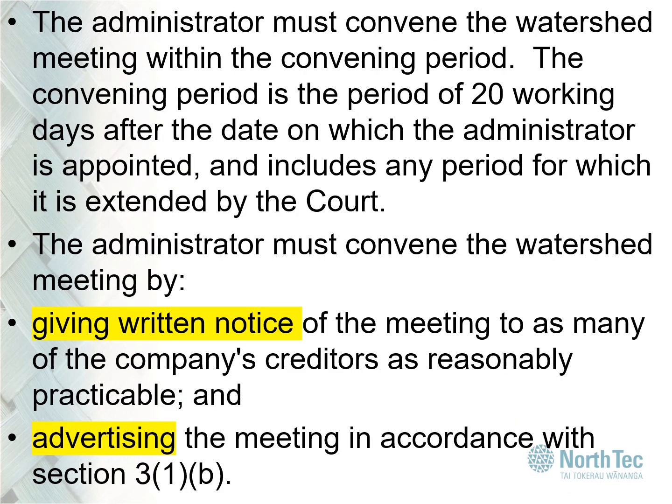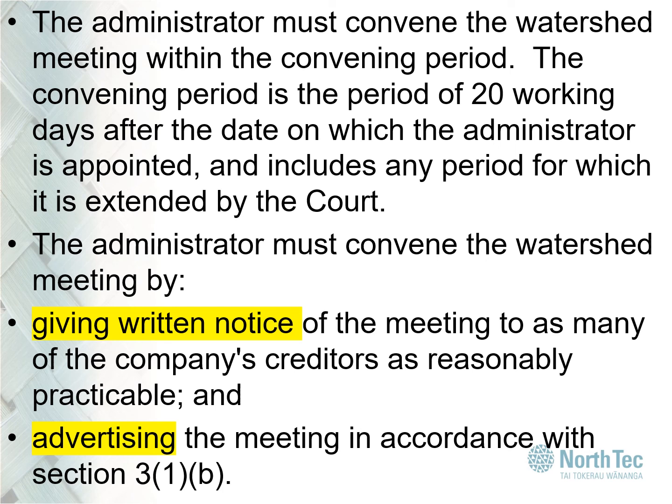One of the tasks of the administrator is that he's supposed to convene the watershed meeting. And he must do it within the convening period, which is within 20 days after taking over as administrator, or within 20 days after the date on which the administrator is appointed, and it includes any period for which it is extended by the court.